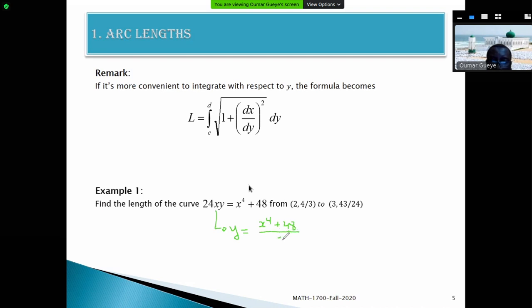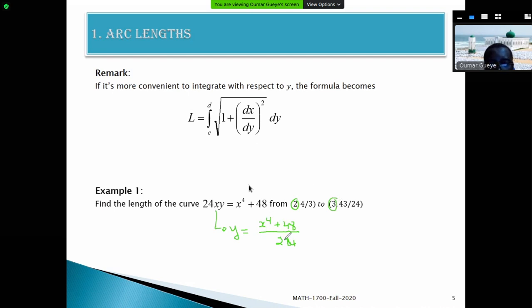You see now, the function is expressed in terms of x. So when we apply the formula, we have to integrate with respect to x. And in this case, you have to take only the x coordinates of the extreme point. We don't use this one.